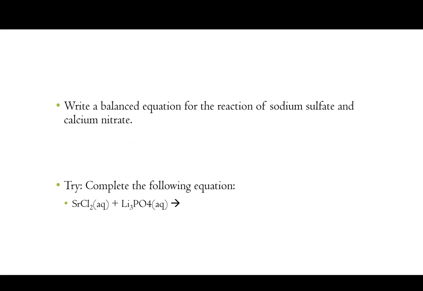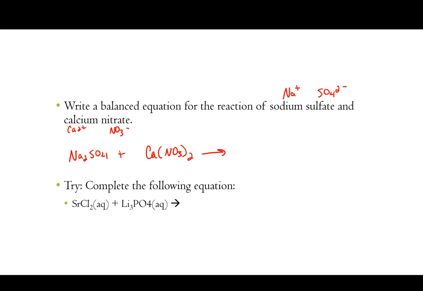So we're going to write a balanced equation for the reaction of sodium sulfate and calcium nitrate. So of course we first have to get the formulas of sodium sulfate and calcium nitrate. So sodium sulfate's Na2SO4. Calcium nitrate is Ca(NO3)2.